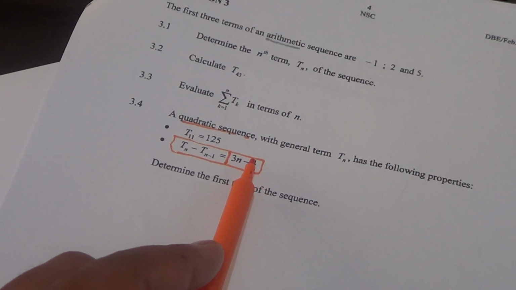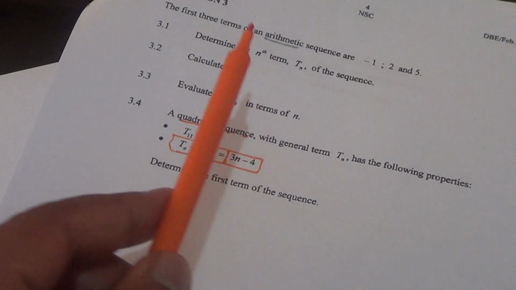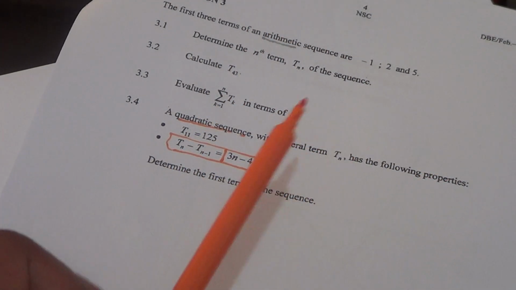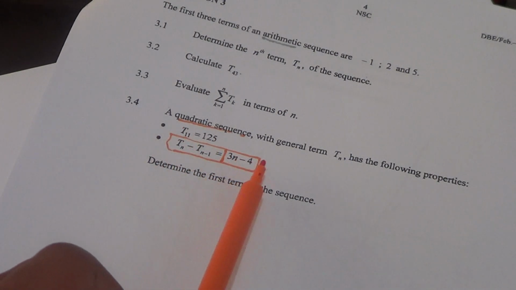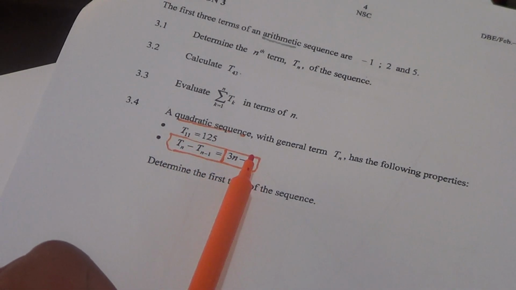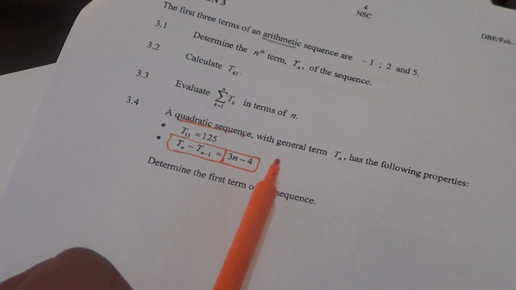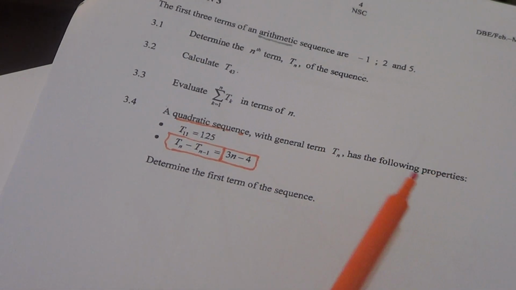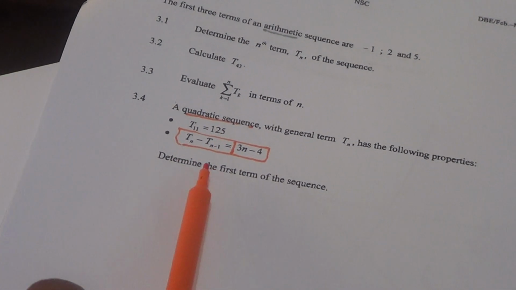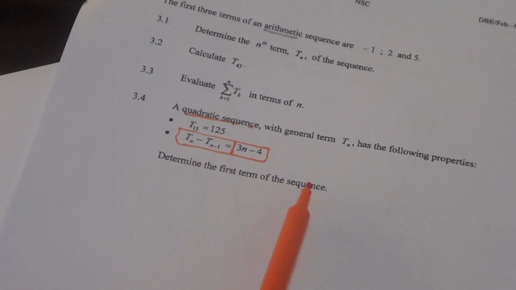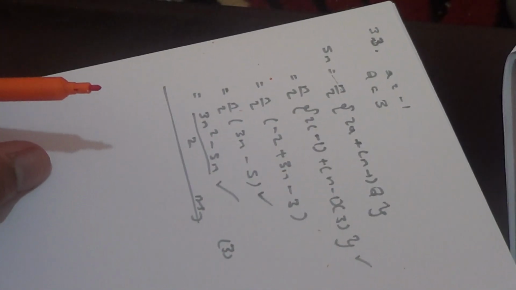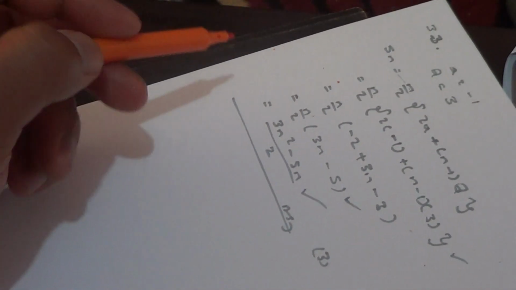And what makes a linear sequence when you have a quadratic? It is the sequence of the first differences. Alright, so this means this can help us to know the actual value of those first differences, and that can help us along the way to solving this whole thing. Then the question says, okay, determine the first term of the sequence. Not a problem. We can handle that easily.